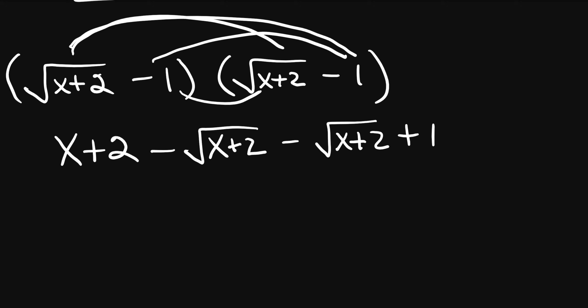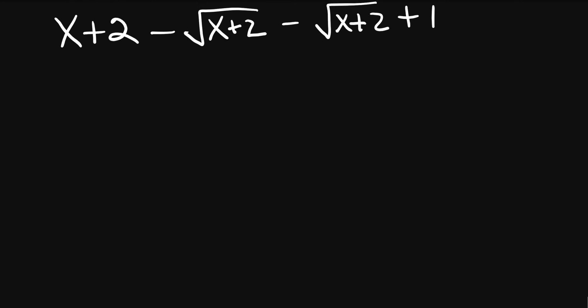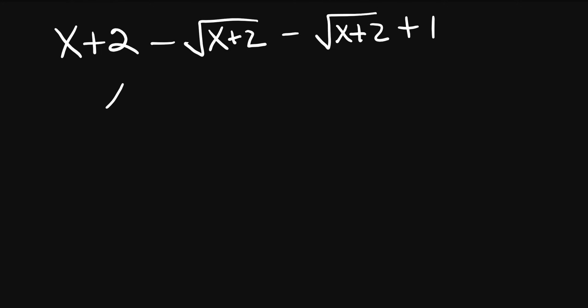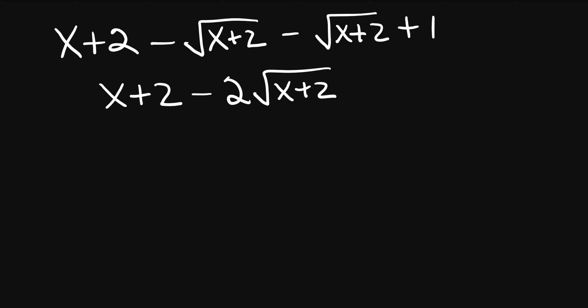All right, and then let's just clean it up a little bit. I've got x plus 2, and then I've got minus 2 square root of x plus 2 plus the 1.